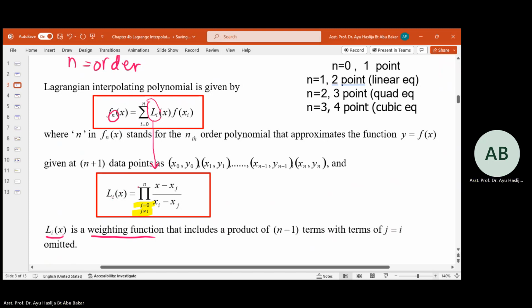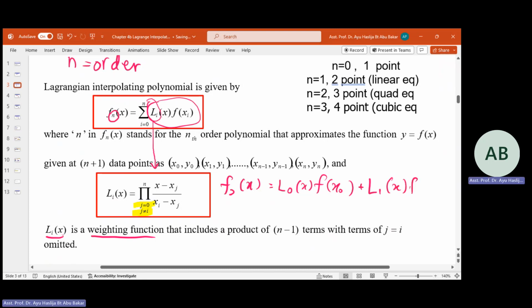Now for example, if you have f_n with n equals 2, this equation will expand to L0(x) multiplied by f(x0), plus L1(x) multiplied by f(x1), plus L2(x) multiplied by f(x2).